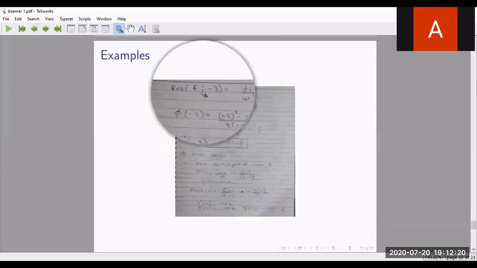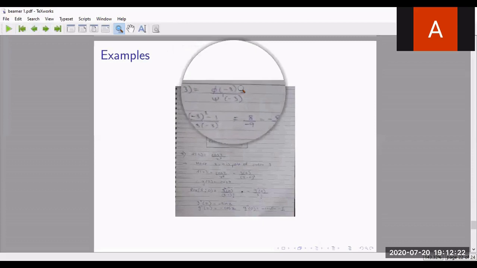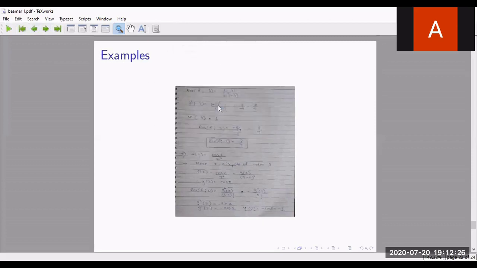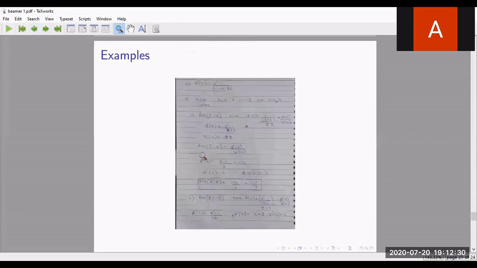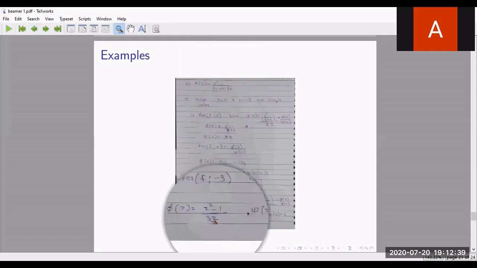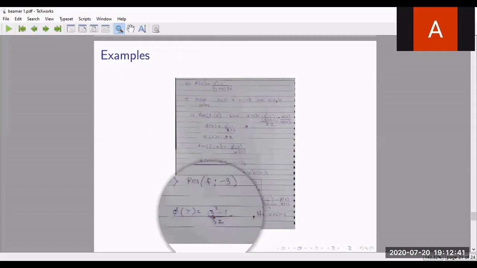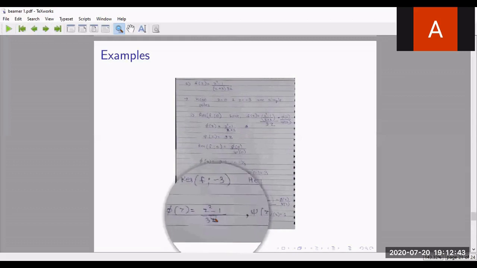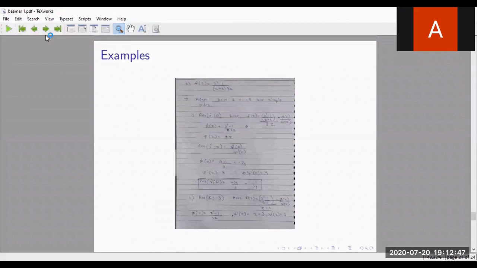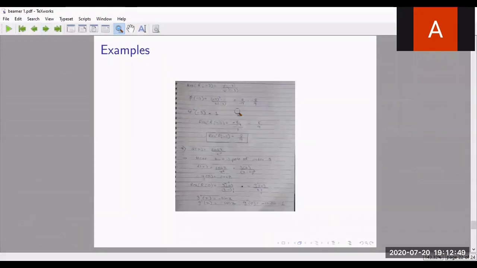Now we'll calculate. Residue of f at minus 3 is phi of minus 3 by psi dash of minus 3. Phi is (z square minus 1) by 3z. Put minus 3 here: minus 3 square is 9, minus 1, divided by 3 into minus 3, which is minus 9. That is minus 8 by 9.